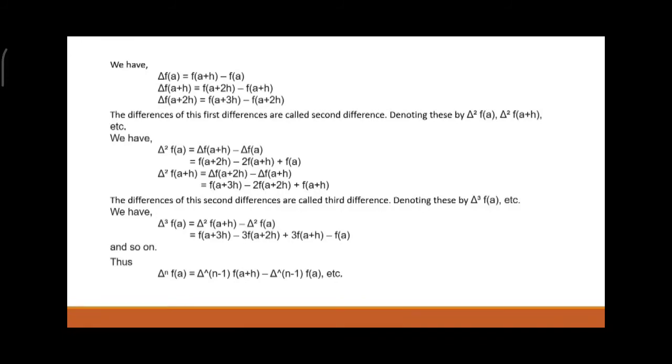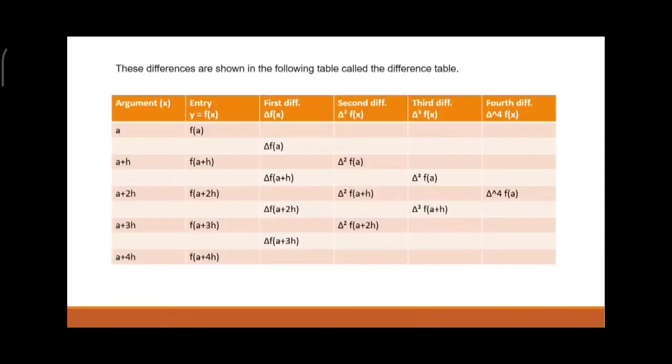Thus delta raised to n f of a is equal to delta raised to n minus 1 f of a plus h minus delta raised to n minus 1 f of a, etc. And so friends, below we have one table.